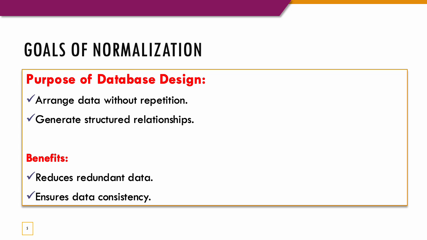And it also generates structured relationships. Database design establishes structured relationships between different tables using keys like primary keys and foreign keys. And these relationships make sure that the database reflects real-world connections and that each table can be linked logically to the others.